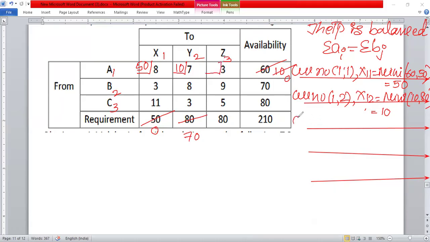Then cell number 1, 3, x13 is equal to minimum of... just a minute, guys.